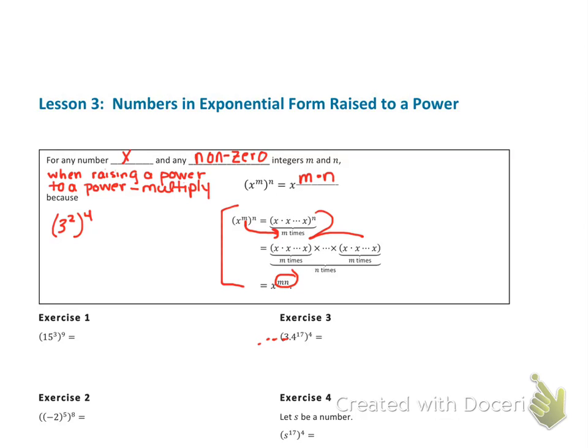If we have 3 squared raised to the 4th power, you know that 3 squared is 3 times itself. And then we raise that to the 4th power. That means we're multiplying that 3 squared times itself 4 times as a factor.